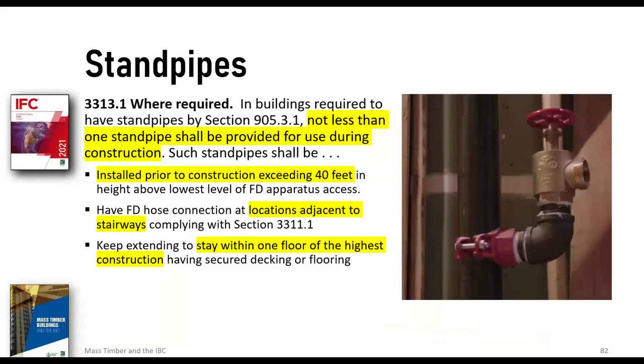So the standpipe requirement, where required, buildings must have standpipes. This is during construction. Not less than 1 standpipe shall be provided for use during construction, installed prior to the construction exceeding 40 feet in height, located adjacent to stairwells, and stay within 1 floor of the highest floor of construction. So during construction, the standpipe is the most important fire protection feature prior to the sprinkler system coming online.